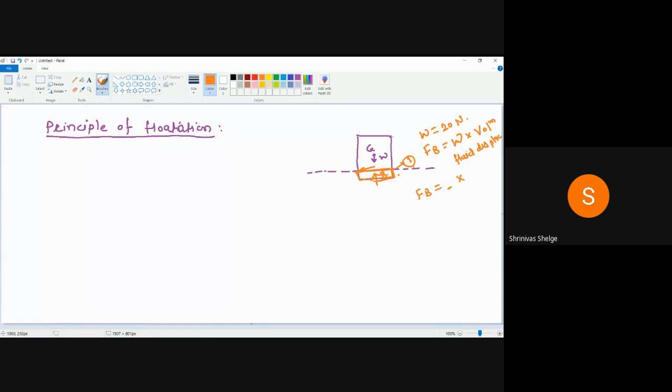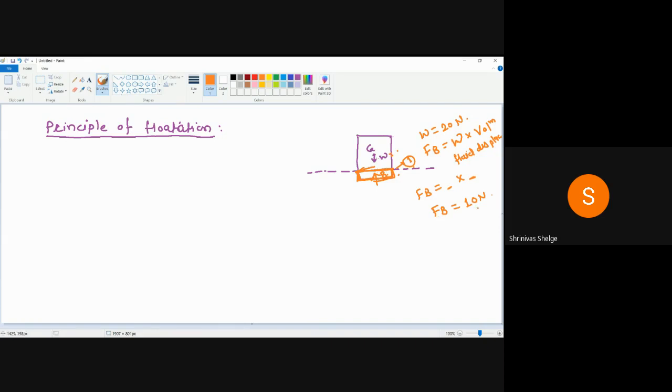So this much volume of the fluid gets displaced at position 1. Suppose when I calculate this, it is 10 Newton. Now the weight is 20 Newton, and this is for position 1 that I consider.